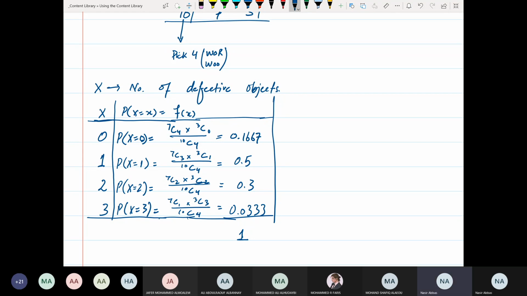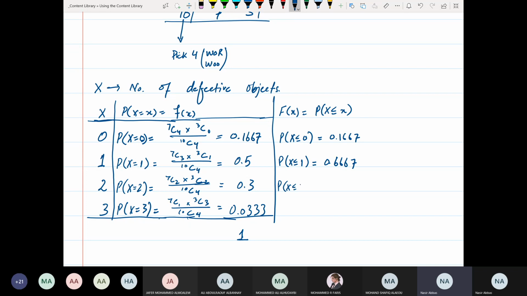That's the first use. The second use is what if I'm interested in capital F of x. That is, I'm interested in the probability of x less than or equal to x. So the probability of x less than or equal to 0 will be simply 0.1667. Probability of x less than or equal to 1 will be 0.5 plus 0.1667, so that will be 0.6667.